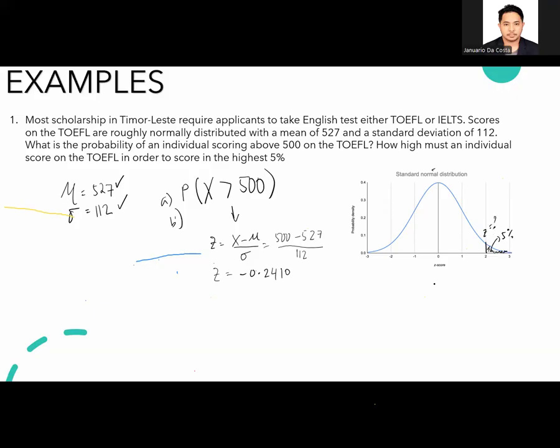So how do you find that? The total is 1. The area to the left of the z line is what is in the table.